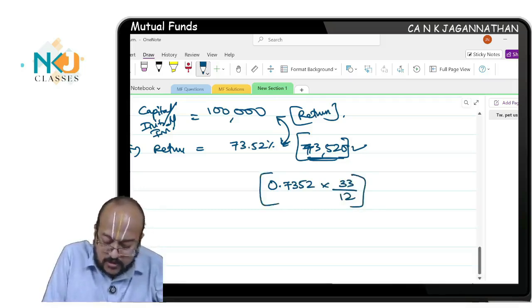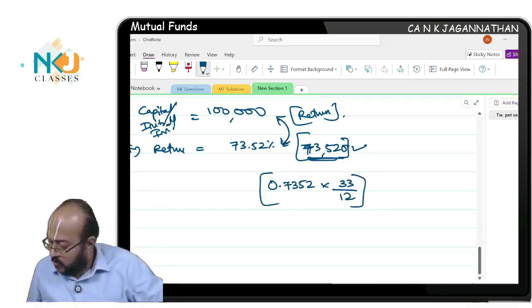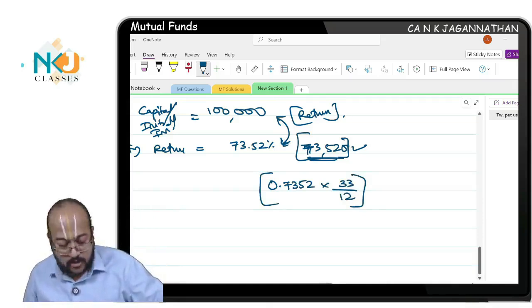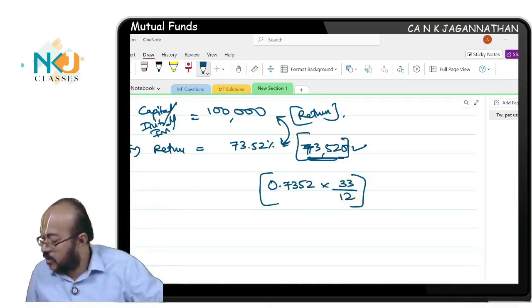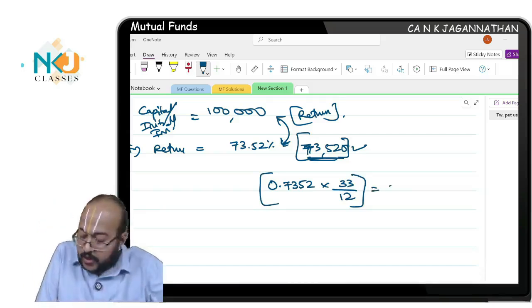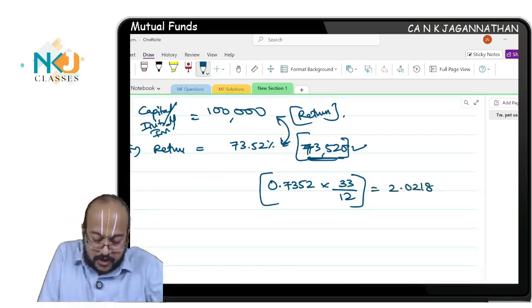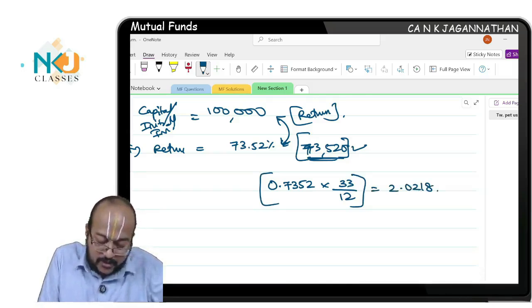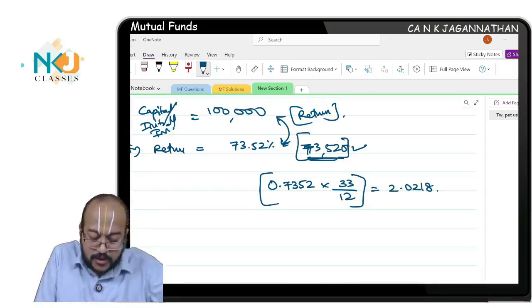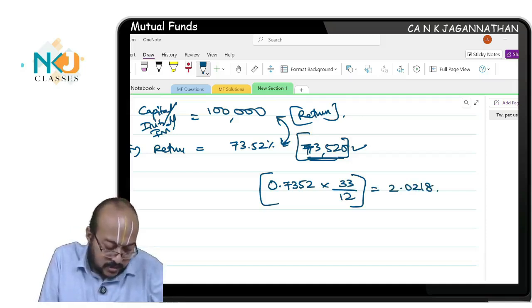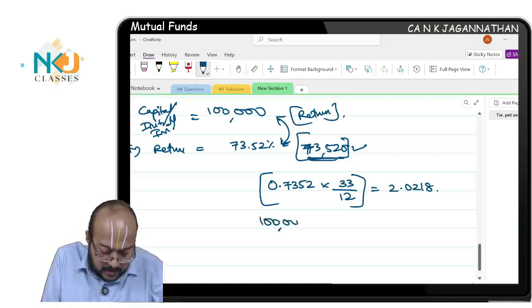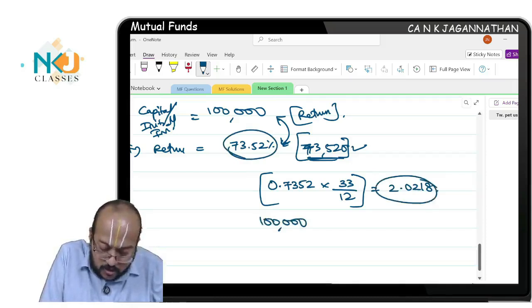I'll tell you how much this comes to, you tell me. 0.7352 into 33 divided by 12, you are getting 2.0218, right? This you add: 1 plus 2.0218. See what happens here: 1 lakh is there, and this is the return portion alone, correct?